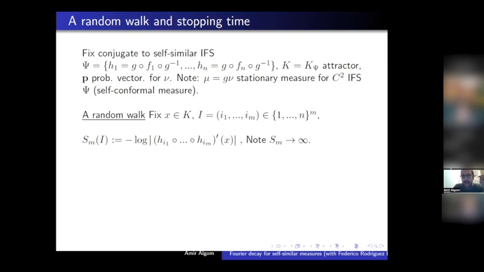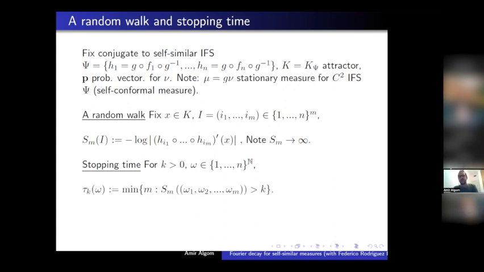And so we can define a stopping time. Given a positive k and some omega, we have tau_k of omega, which is the first time that you escape beyond k. And do note that this has to happen. And now we have an important random variable for our needs. f of tau_k of omega is the value of the random walk at the stopping time.